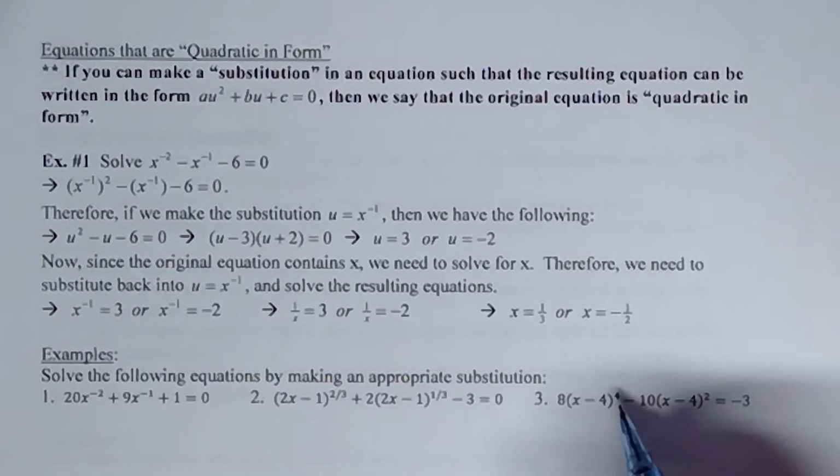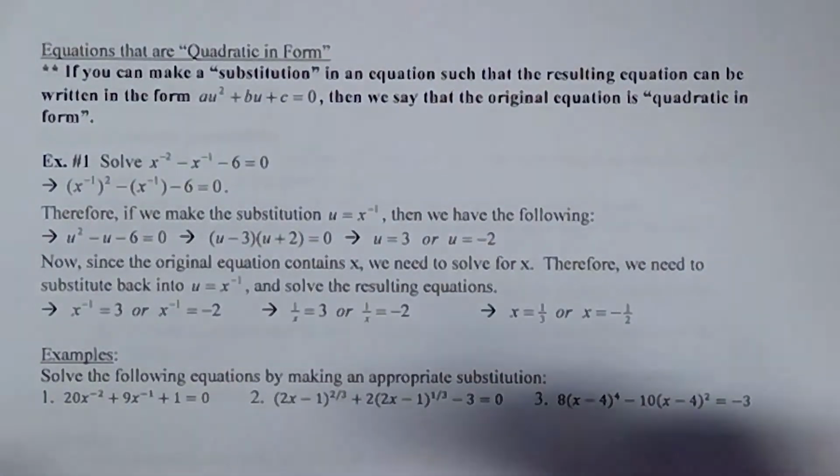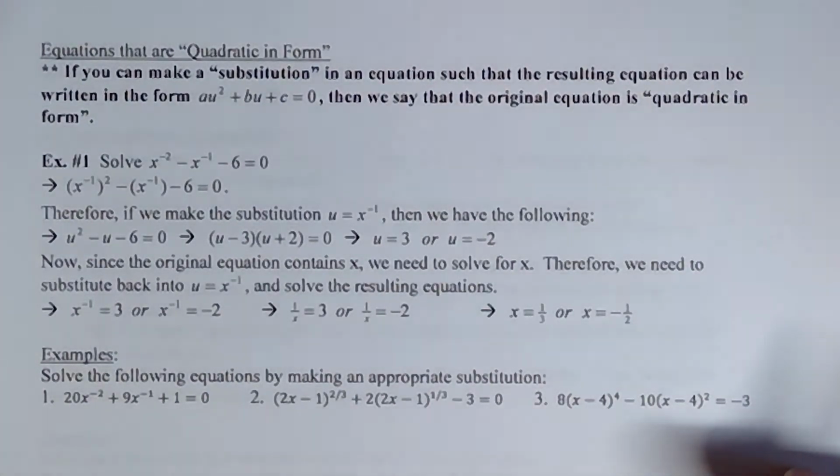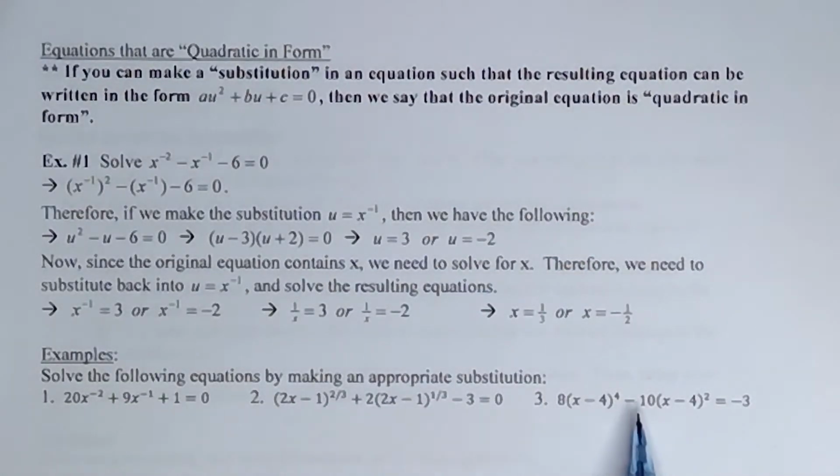And you can't have an exponent higher than 2, like this one right here, which is 4 and is attached to a bracket that has a variable in it. So that can't possibly be a quadratic equation either.